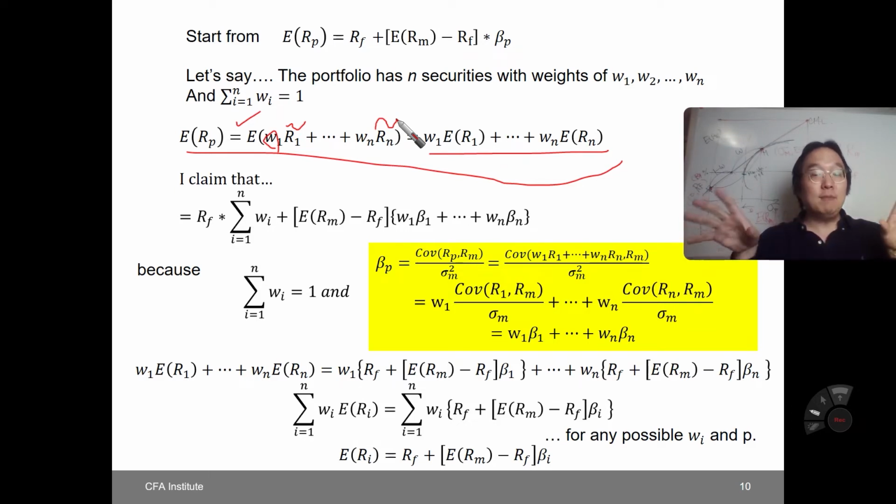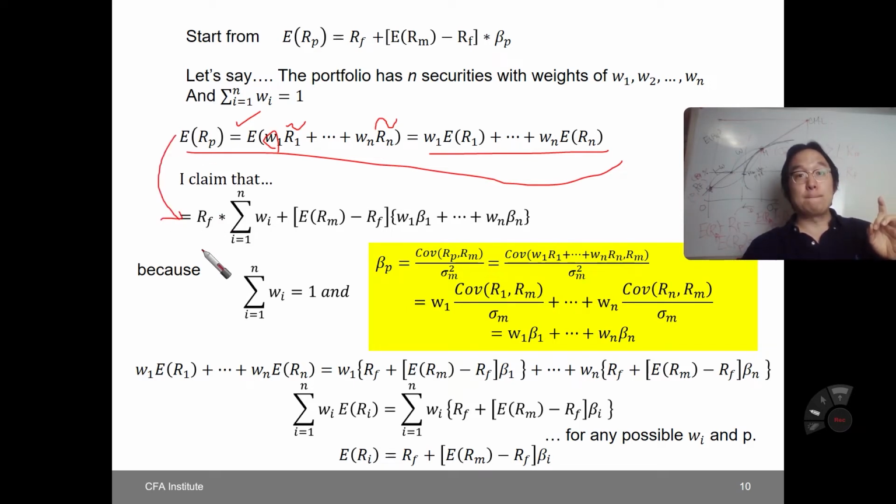Now I claim that it's going to be the same as this one, because the risk-free rate, you start it, it stays there, but it's nothing but multiplied by 1, which is the same as the summation of all the portfolio weights. Make sense? Fine.